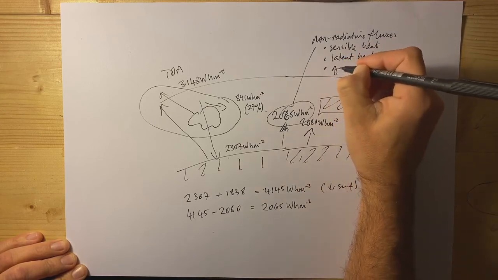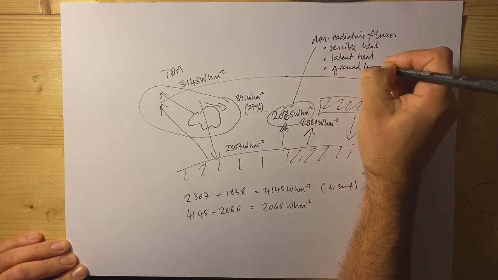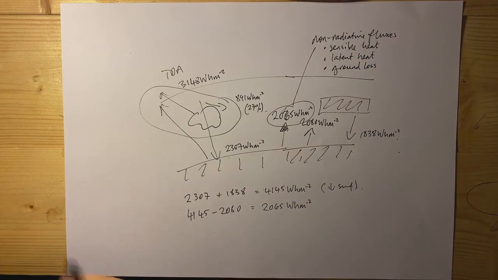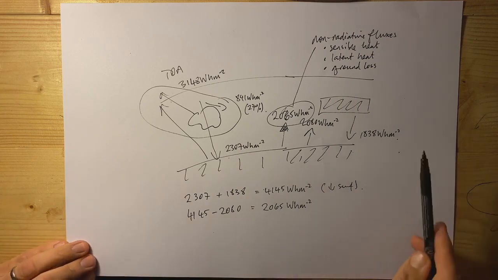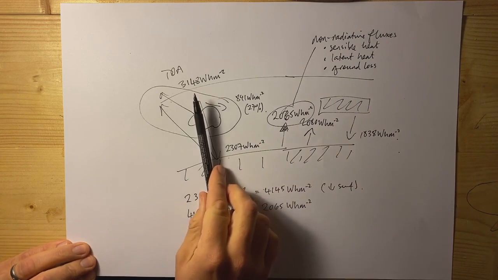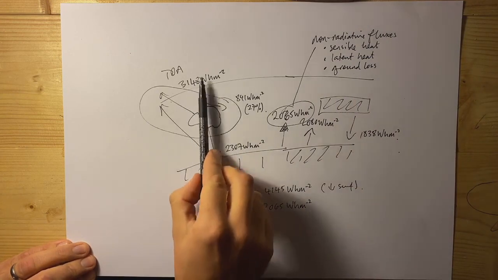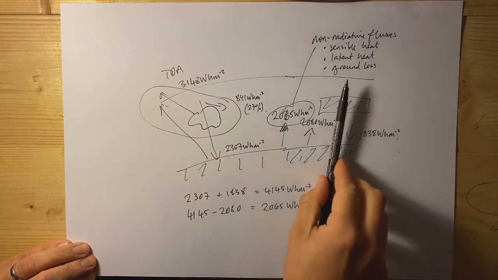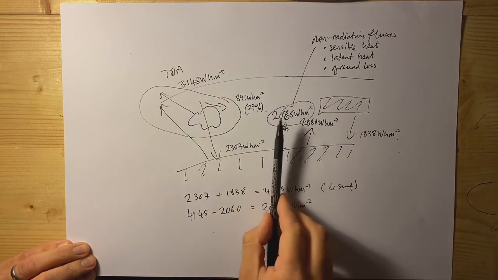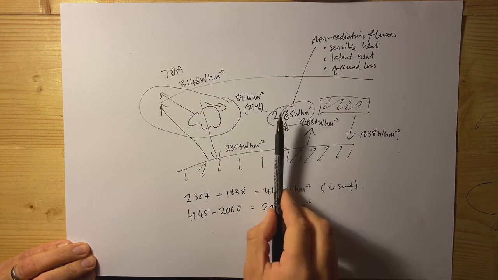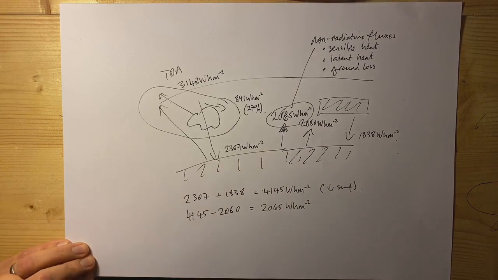And also there will be a term to the ground as well when we're considering a local energy balance such as this. There may also be a term if, say, a warm air blew in over Hazelrigg over this day, so air that was not warmed by this energy here, then that would count as an extra term in this energy budget, which would be counted here in this non-radiative term.